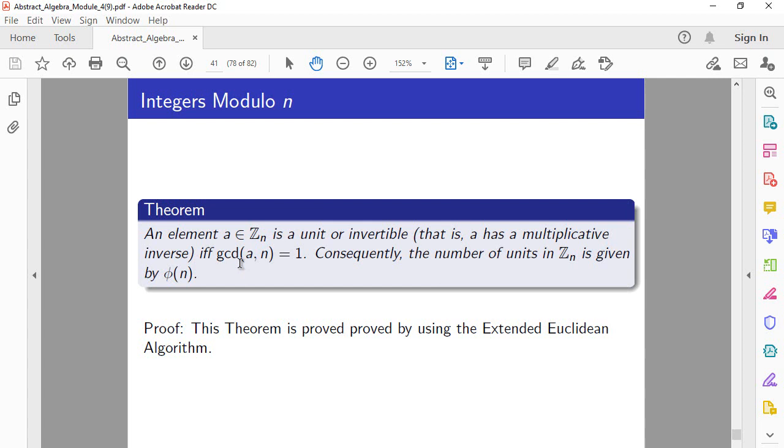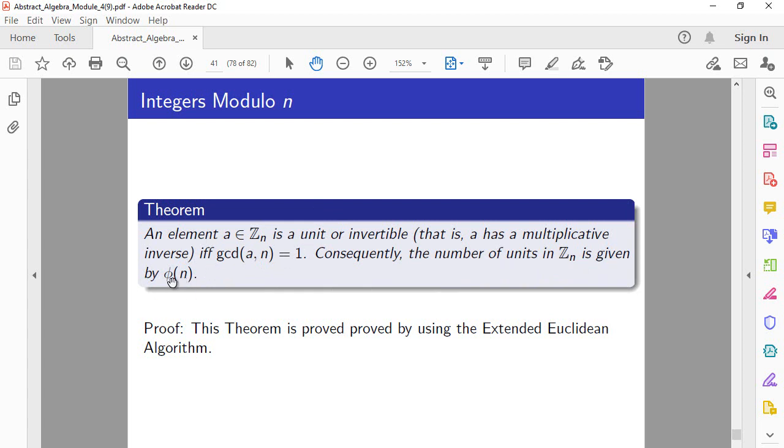If you recall, we said that an element has a multiplicative inverse modulo n if and only if it is relatively prime to n. So any element in Zn is invertible, or a unit, if and only if it is relatively prime to the modulus n. As a consequence, the number of units or invertible elements of Zn is given by phi of n.